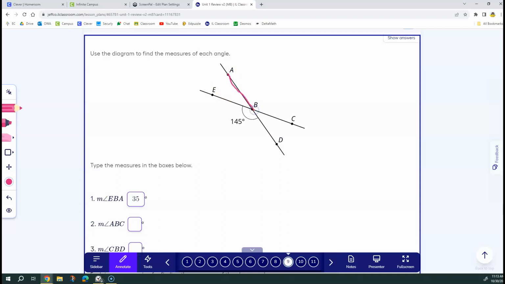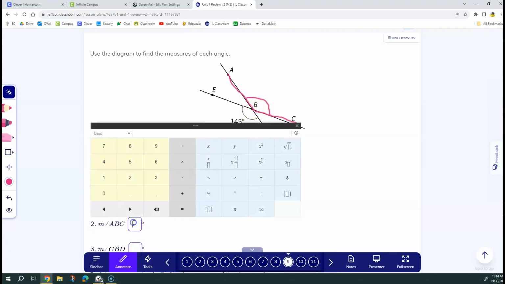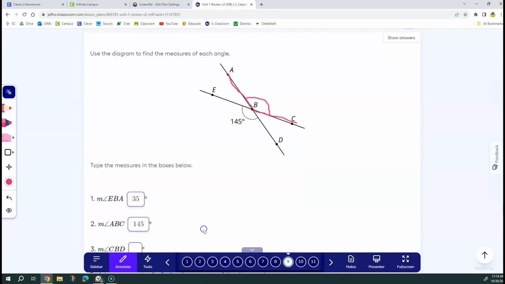A to B, these lines are terrible, but that's okay, to C. So this measurement right here, what do you notice? Well, this angle right here and this angle right here are vertical angles. They're across from one another, and vertical angles are congruent. So that means the measure of angle ABC is 145 degrees.